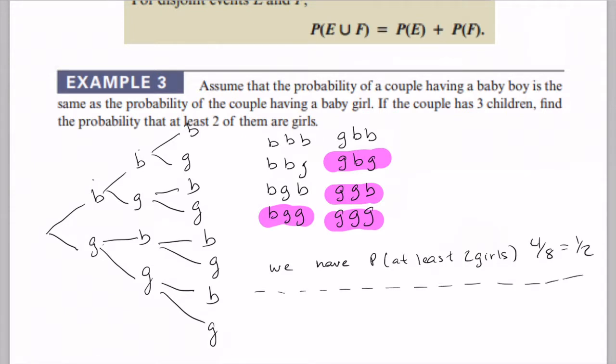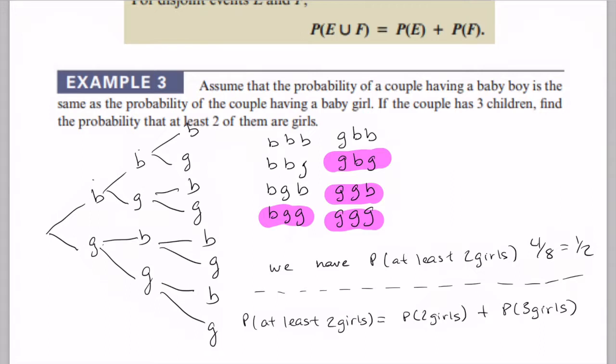Or, using the theorem above, we can also say that P(at least 2 girls) is equal to P(2 girls) plus P(3 girls).